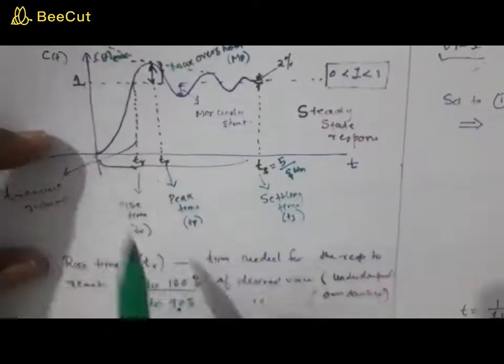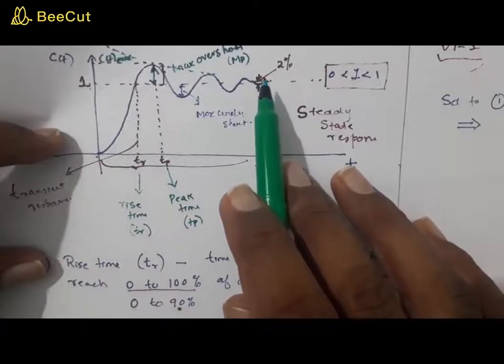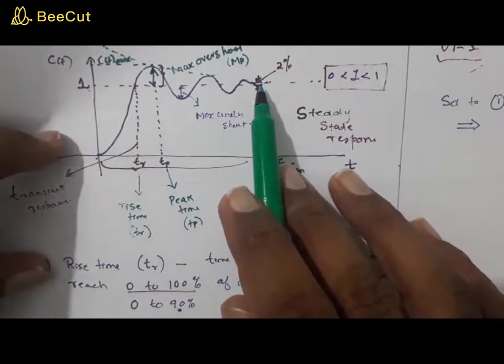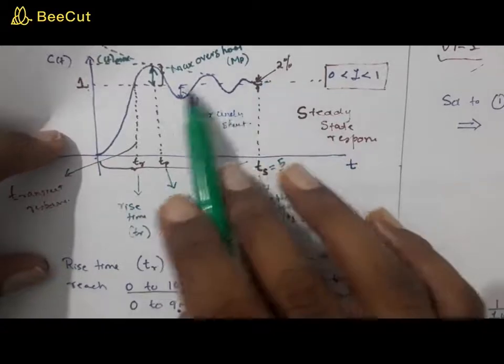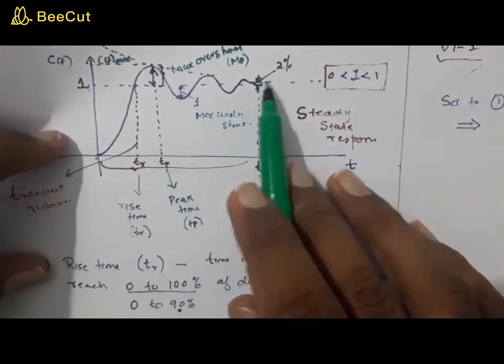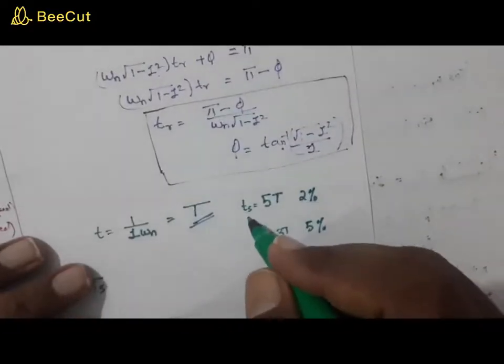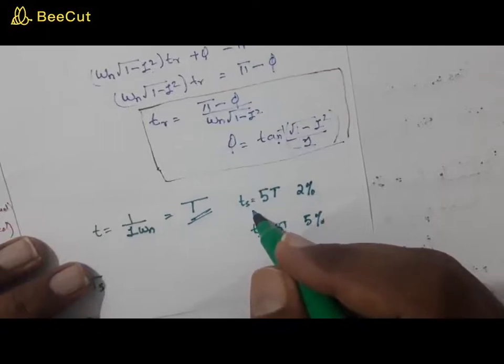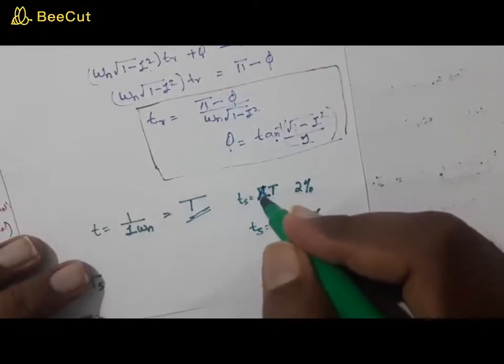It is the time needed by the output response to settle down to the steady state. In a practical system, it is the time for the oscillations to settle within 2% of the desired value, and that is known as the settling time. Then that Ts is given by, it is not 5T, it is 4T.